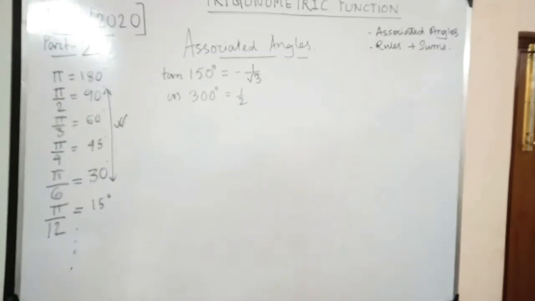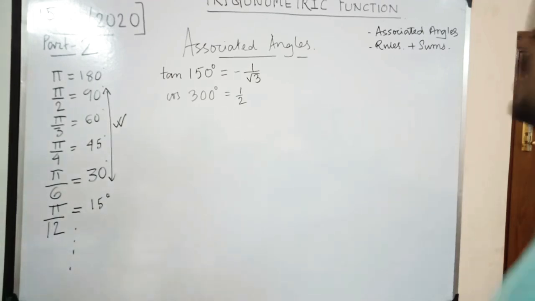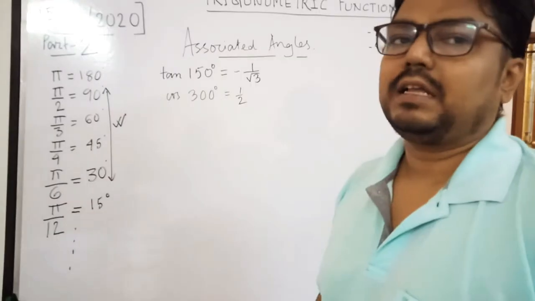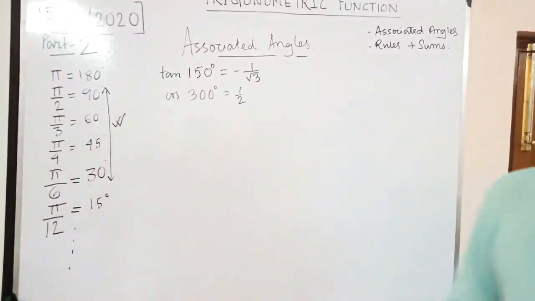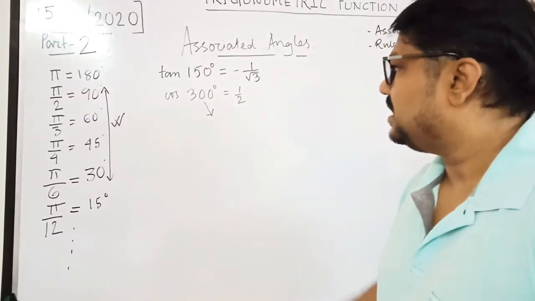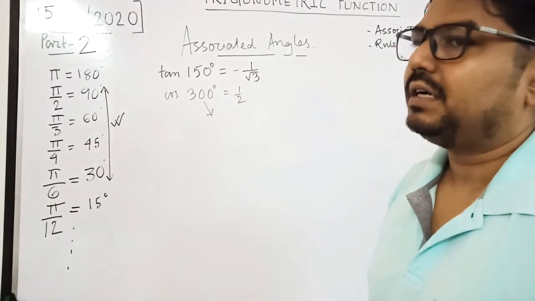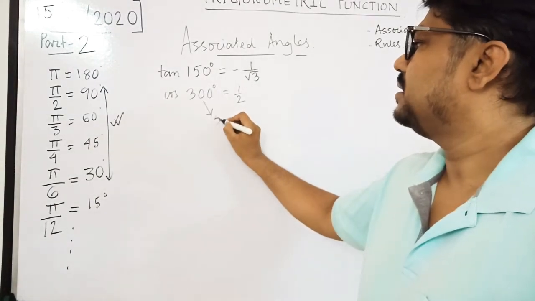So these are angles we have not come across through the standard angles, but we can find their values. Now see one thing: this 300 degree is a multiple of the standard angle, 5 into 60 degree.